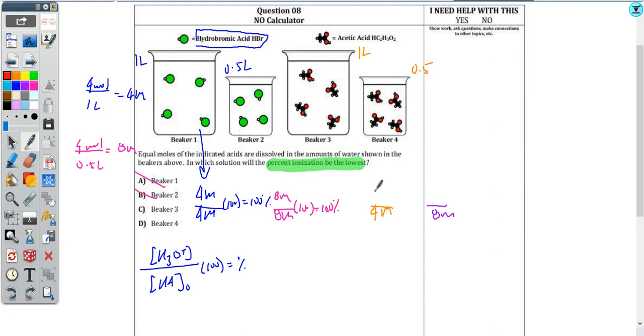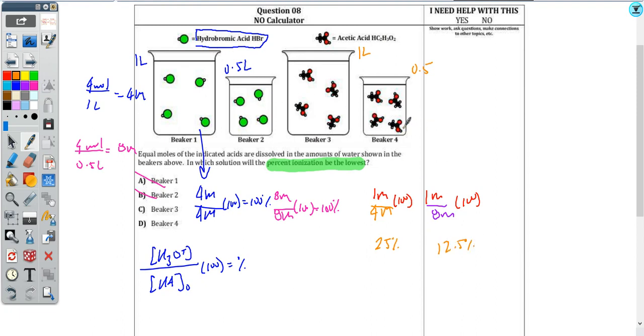And let's just say that they're each going to be 1 molar. And so as you think about the resulting percentages, this is going to be 1 out of 4, or 25% ionized. And 1 out of 8 is going to be something less than that, 12.5% ionized.